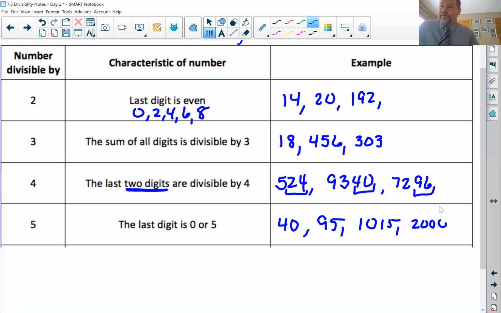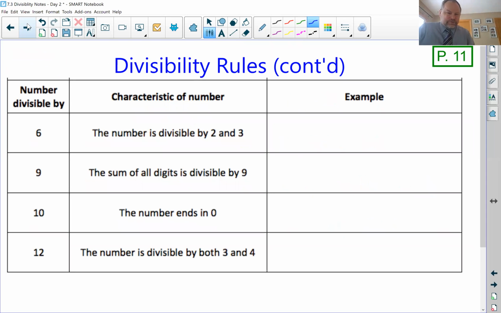All right, so there are the first couple of rules. Other rules are going to depend on these rules. So the rule for 6, the number has to be divisible by 2 and divisible by 3.